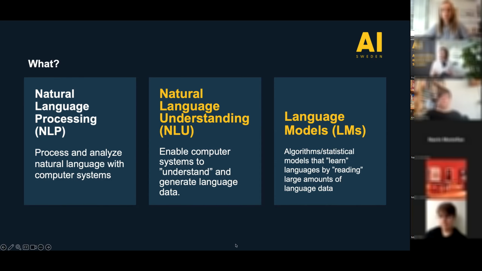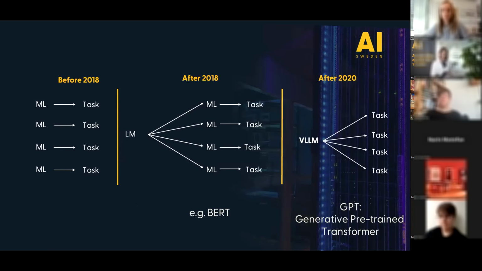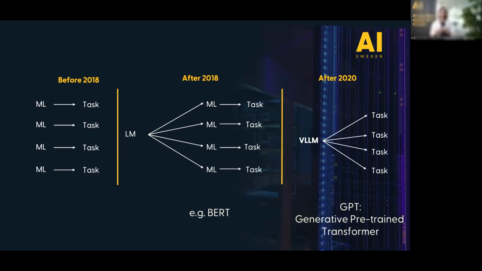Nothing of this is really new, and I wouldn't be a historian if I didn't go at least a few years back. Before 2018, the way natural language processing worked was we trained models for very specific tasks. For each task, for example a classification or a translation or a summarization, we would need to train specific models.